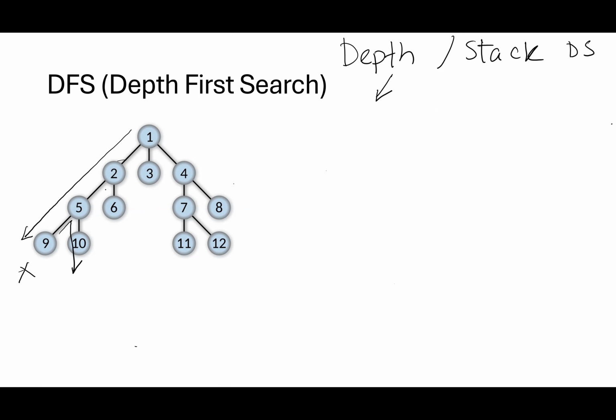We'll come back again and go to the depth, as much as possible. Then again come back and go to the depth. So that means we will traverse towards the depth as long as possible, and this is the principle of depth first search.